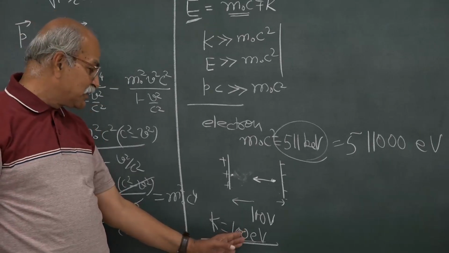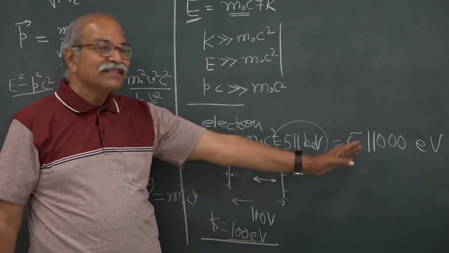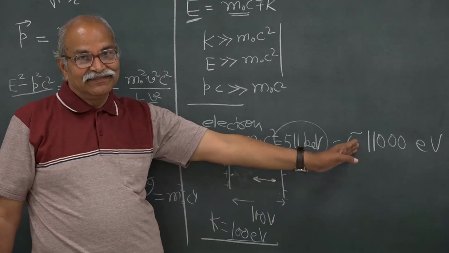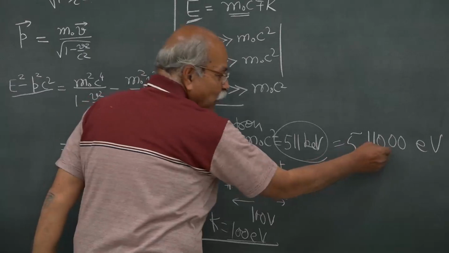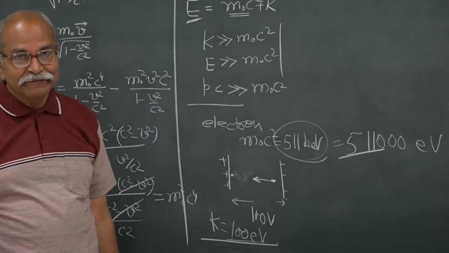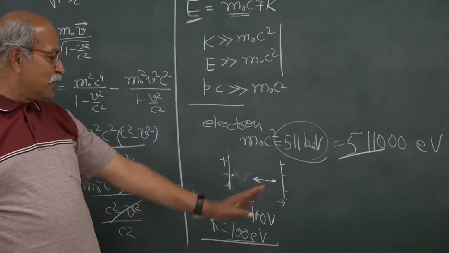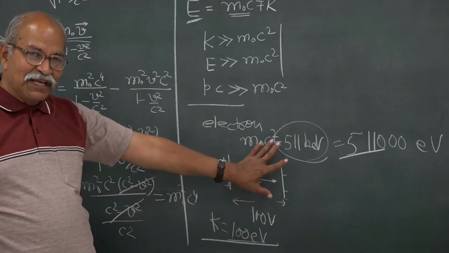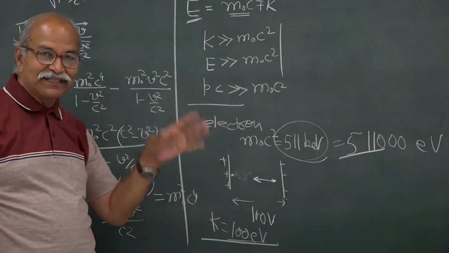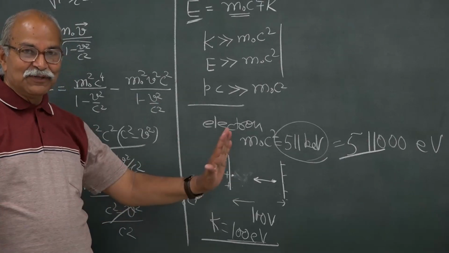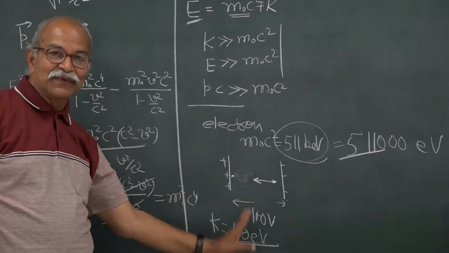So, this is much smaller than the rest mass energy. It is 1 in 5000. So I'll say that okay, Newton is okay, F is equal to ma and half mv square and all that, and v is equal to u plus at, and all those things will work very well here.